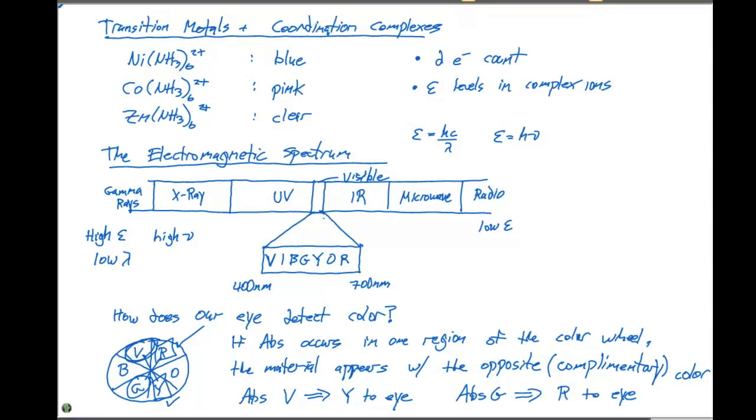What we typically don't say is what happens if a particular complex absorbs in more than one place in the visible spectrum.